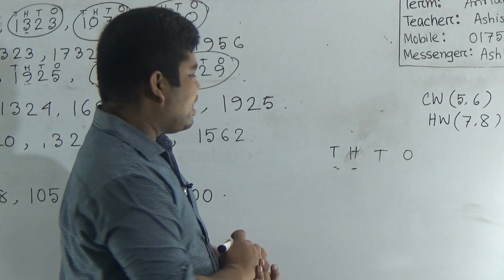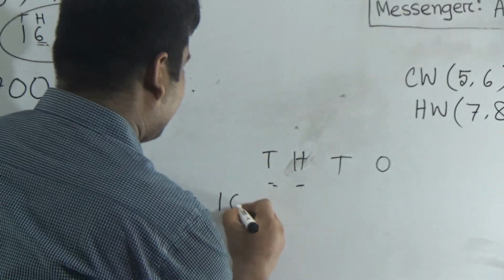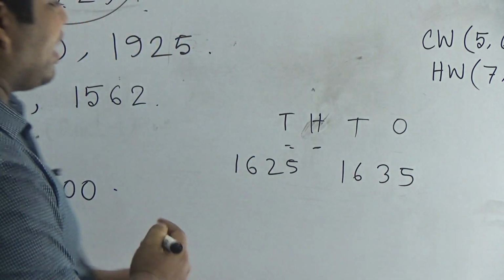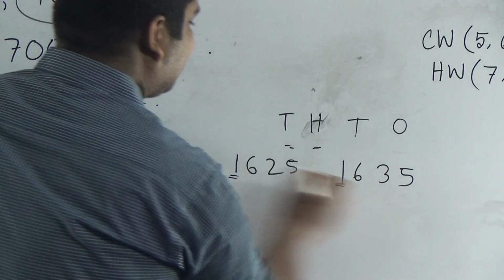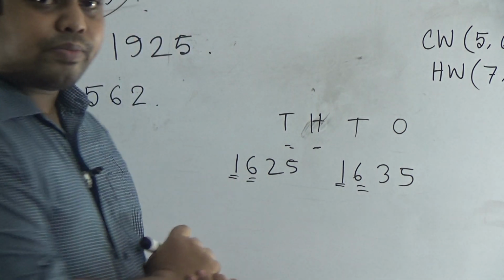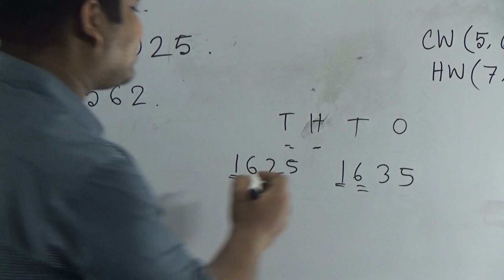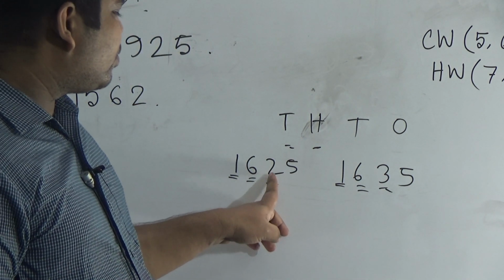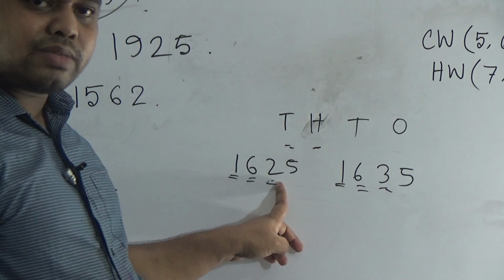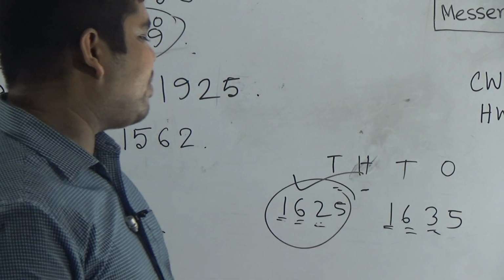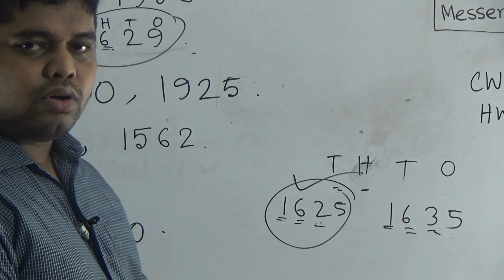But if 2 numbers are just like 1625, 1635, here once 1000 place number same, 100 place same, next we shall notice the tens place number. Here you notice from 2 and 3, 2 is the smallest. So we consider this one, that means 1625 is the smallest between these 2 numbers.